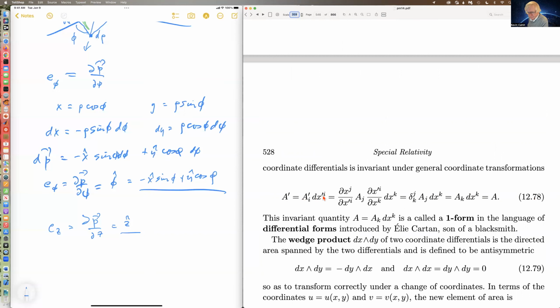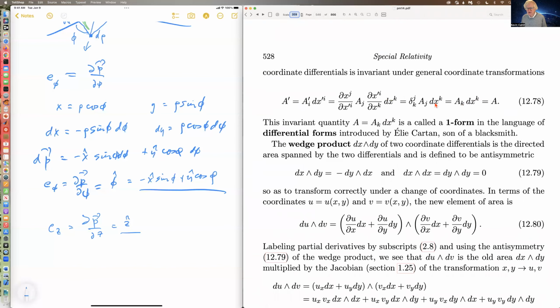In other words, you have the coordinate differentials and a covariant vector, and you just sum over k from 0 to 3 if you're in our universe, or sum over whatever in some other geometry.